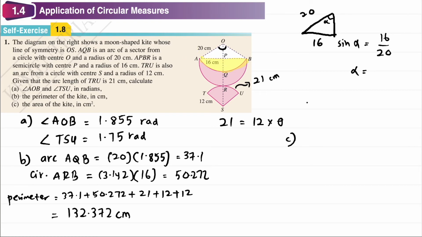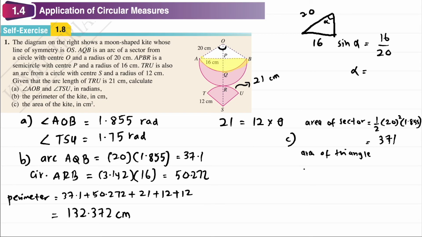First, find the area of sector. Area of sector is 1/2 R squared theta, 20 squared, theta is 1.855. You will get the area of sector is 371. Then we find the area of triangle.